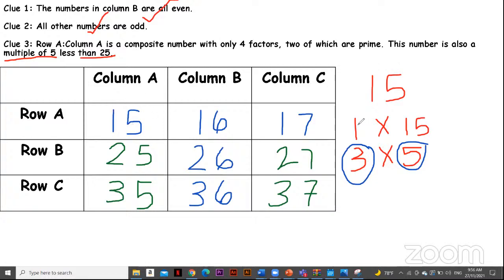And we have looked at the different factors and we got only 4 factors, and 2 of the 4 are prime. So yes, we match this part. So let me just tick composite number, yes. 4 factors, yes. 2 are prime, yes. Multiple of 5, yes. Less than 25, yes.